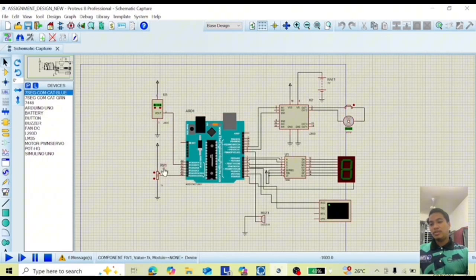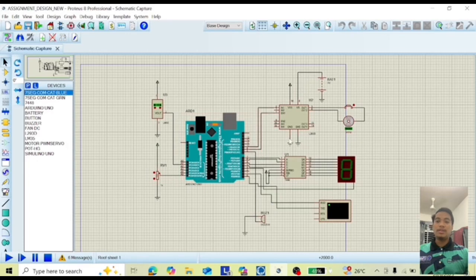Then I use a potentiometer to control the speed of the motor, which can appear on the 7 segments, and I connect it to pin A5 in the Arduino.